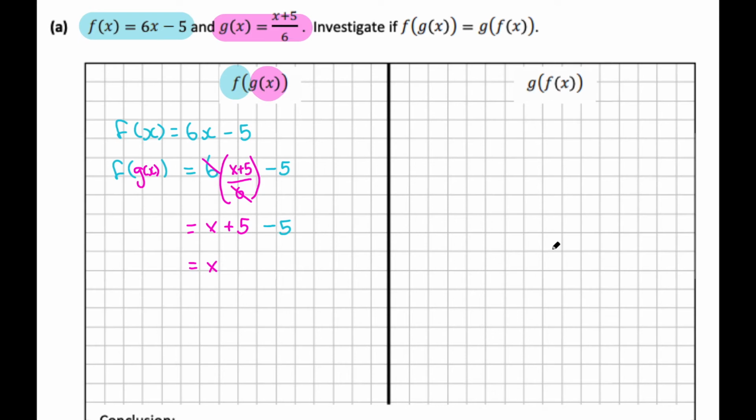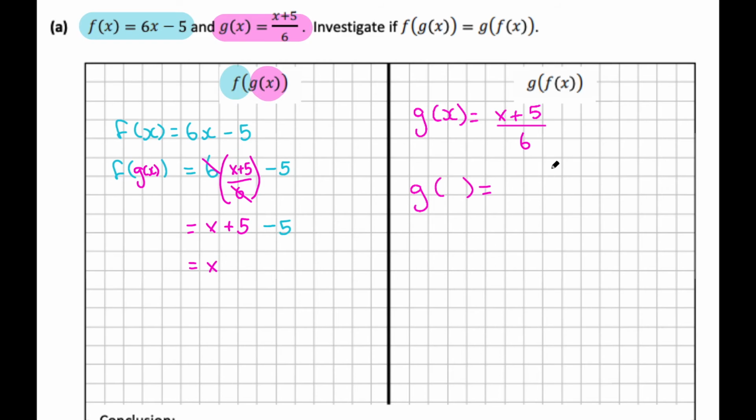In the other scenario, we're being asked to investigate g of x if we were to put f of x into that. So I'm going to have g of x is equal to x plus 5 all over 6. And then what would happen there if I was to replace the x with f of x?